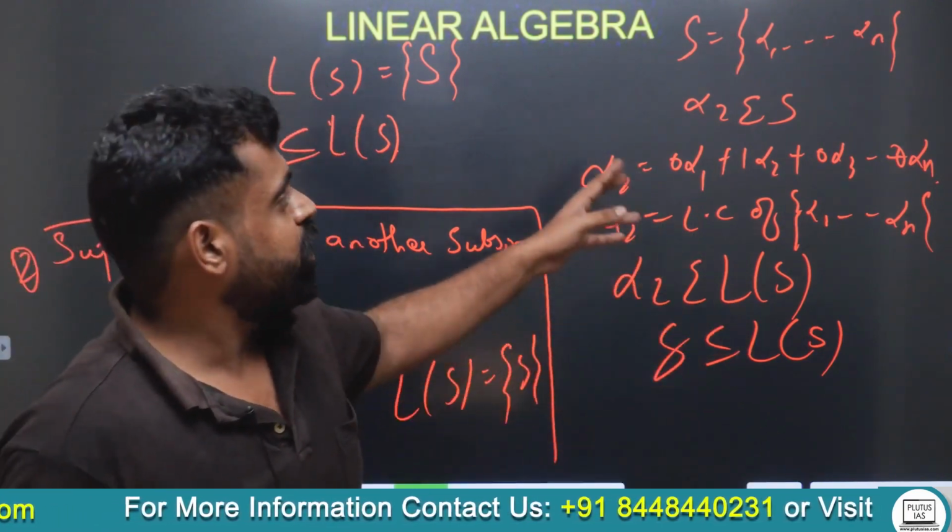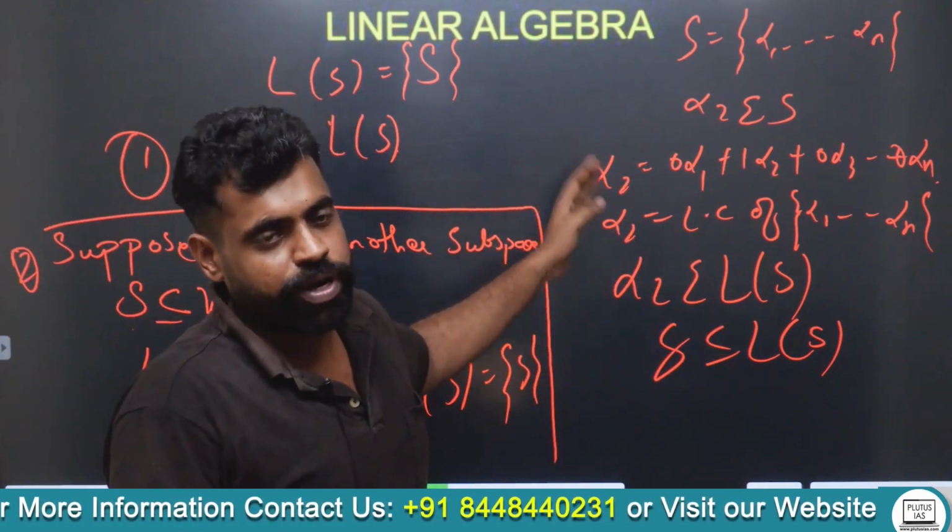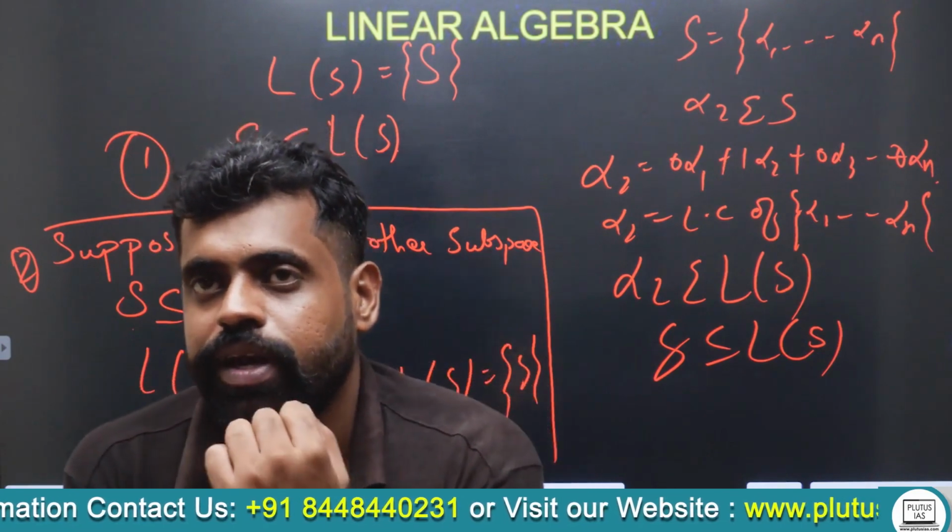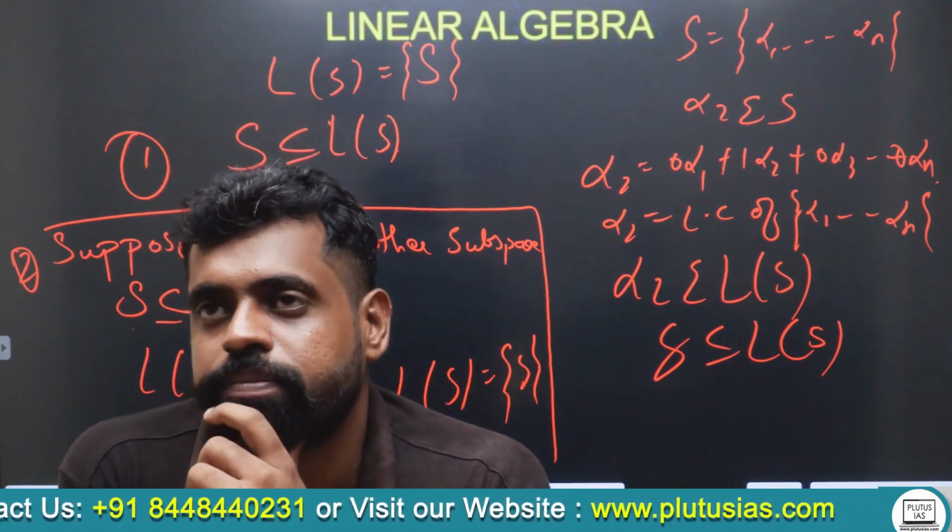LS is generated by S. See, in the book it is just written. It hasn't proved it, but for now, please understand this. Okay, is it clear?